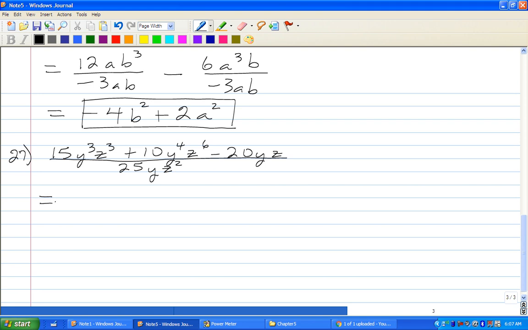So let me divide each of these by the denominator, 25yz squared.